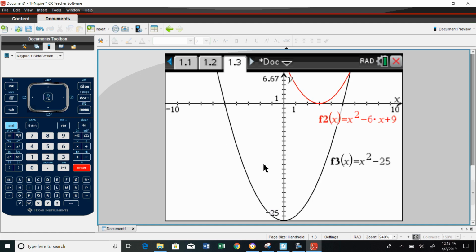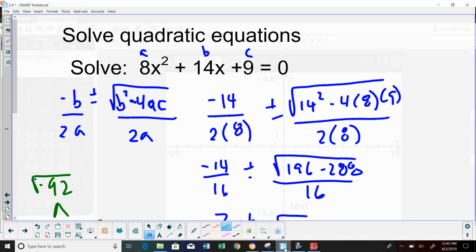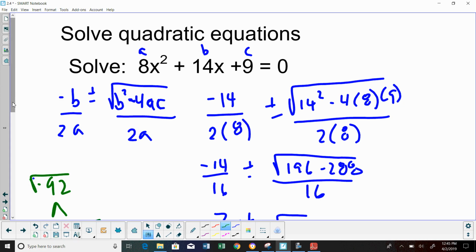So we can see it's a parabola crossing through in 2 places. But this picture back here was our graph when we got no real solutions. Instead, we got 2 imaginary solutions for this.